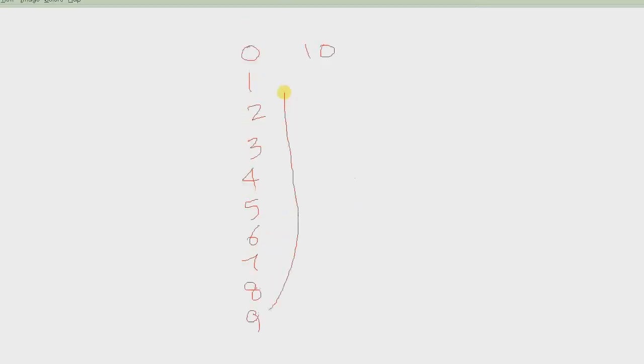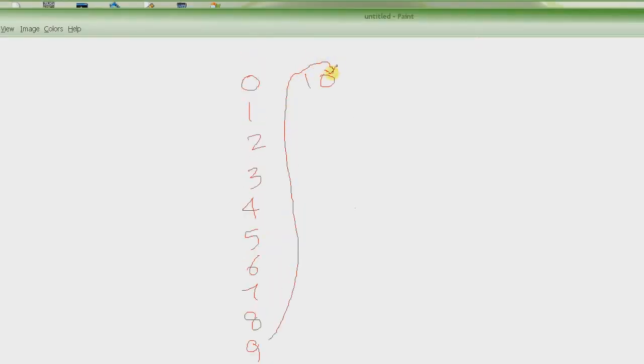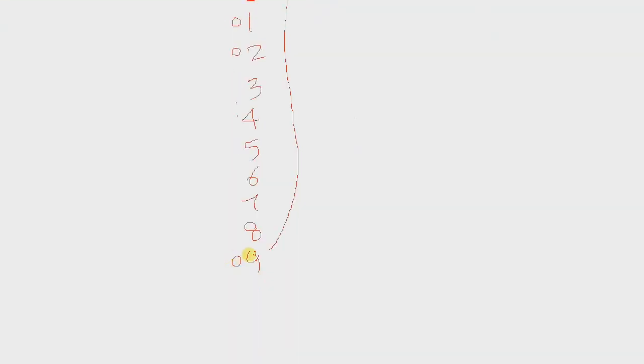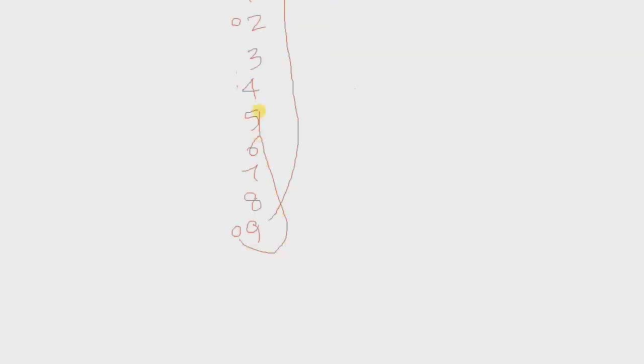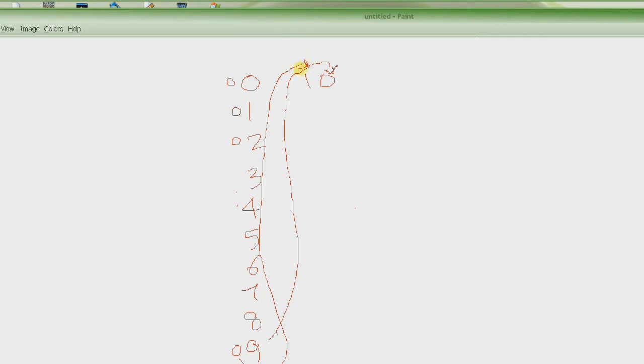So 9 became 0. And there was actually a hidden 0 in all these numbers, and we incremented that 0 to a 1. That's how we got 10.